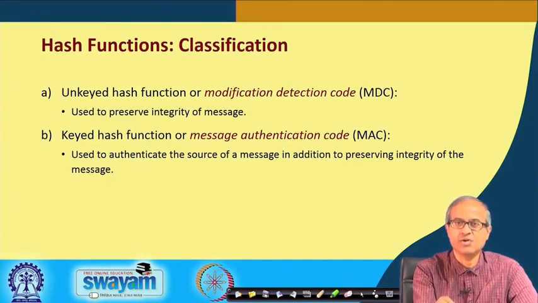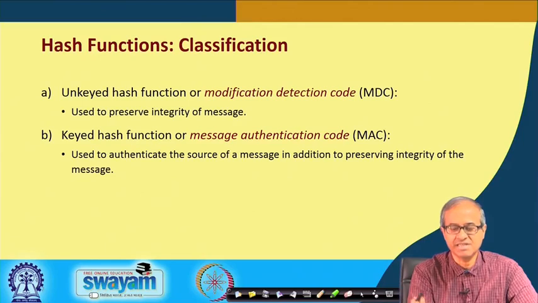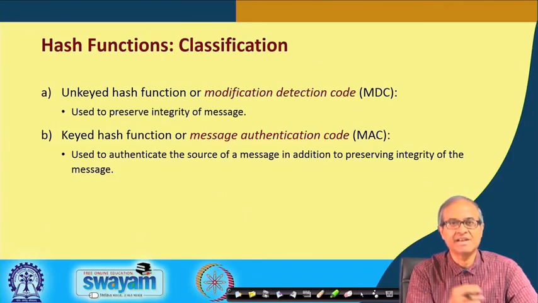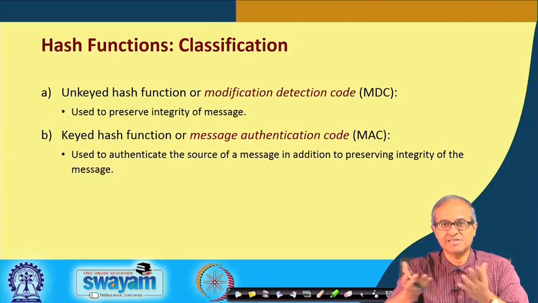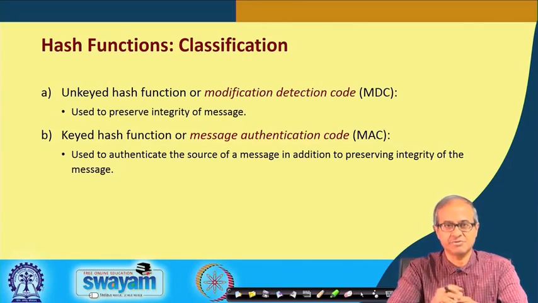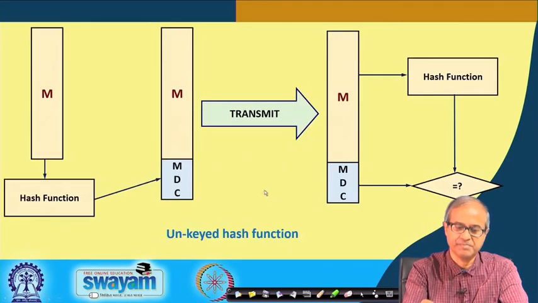So, it is the second one which can be used for authentication, but the first one you can use more for the purpose of verifying the integrity of a message. You see, the applications of both kinds of hash functions are there in real security scenarios.